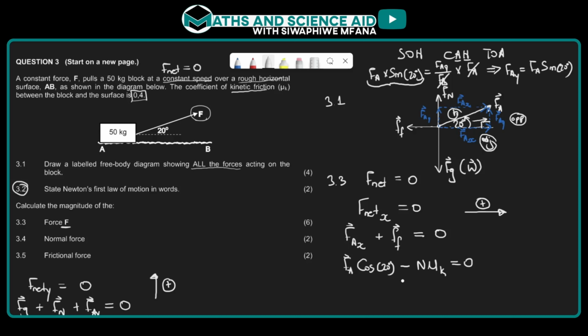And so we can substitute in this coefficient of the kinetic friction here. So we will have Fa cos of 20 degrees minus the normal force, so we can also write it as Fn, multiplied by 0,4. So this should be equal to 0, and we can call this our equation 2.